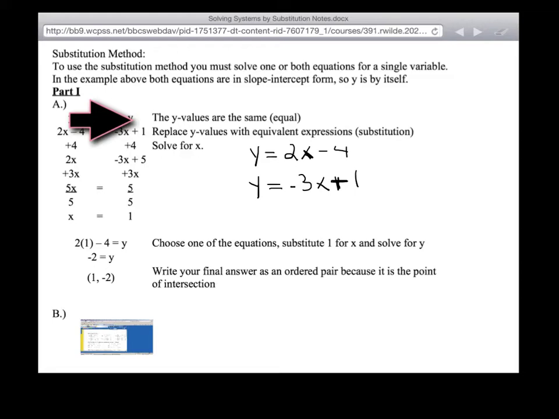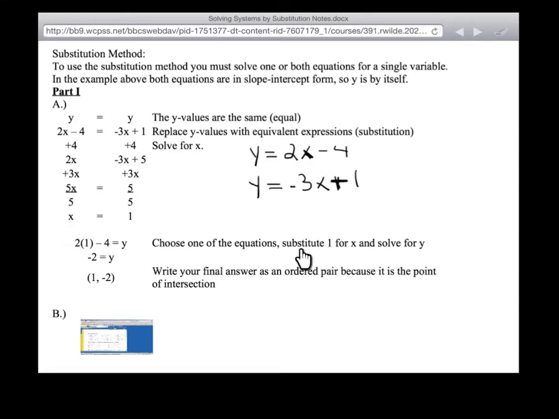When you see a system of equations like this, you know that the y values are the same and they are equal. So you simply set the equations equal to each other. And then you solve for x. And you get x equals 1.